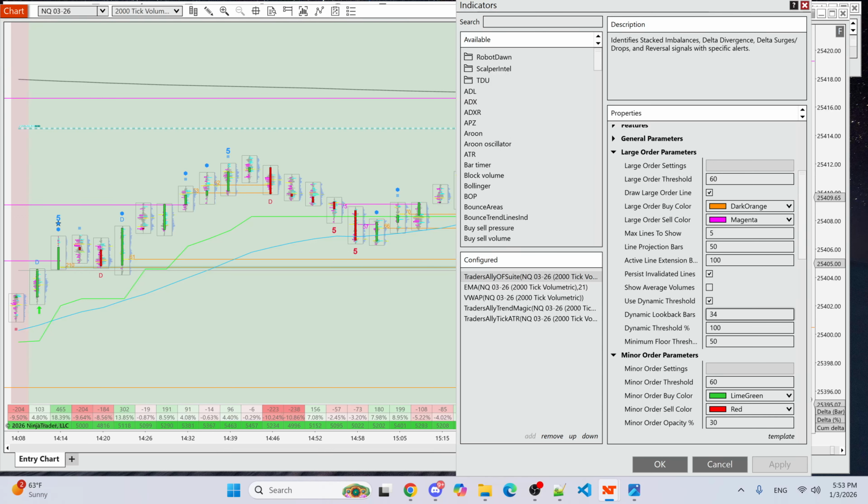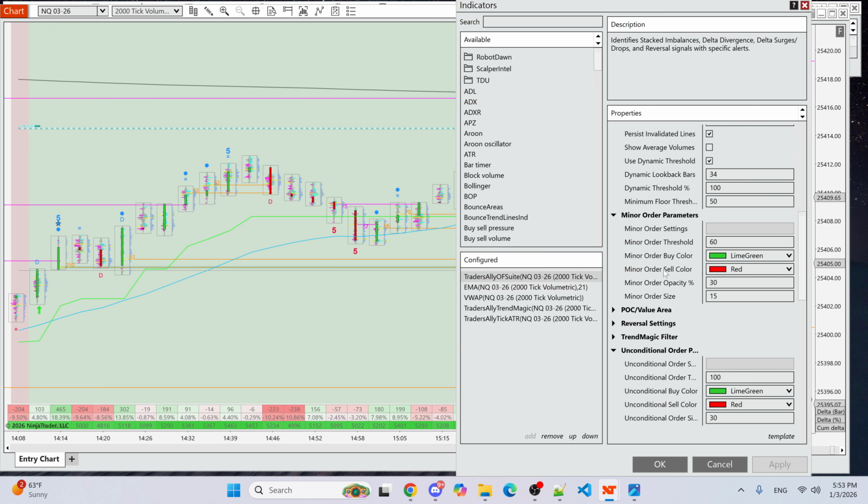It's looking back at the past 34 bars and looking for the dynamic threshold. It has its internal calculations, and the minimum floor is 50, so we won't see any large orders below 50.